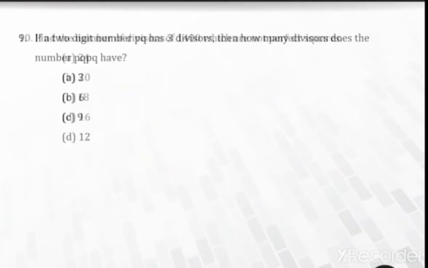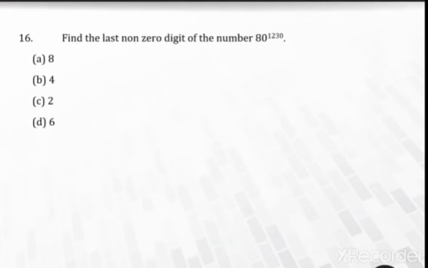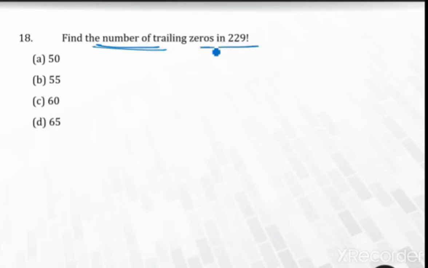Now here is a question for you. Find the number of zeros in 229 factorial.